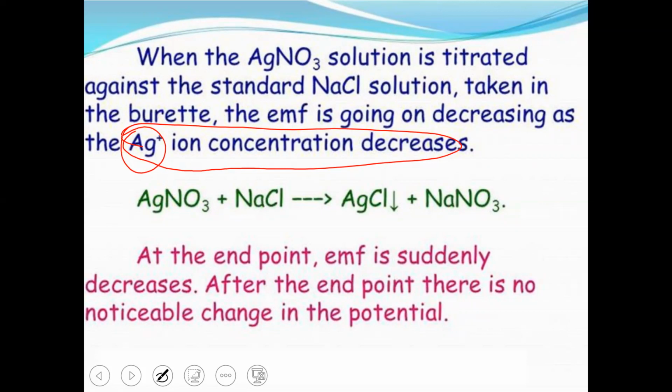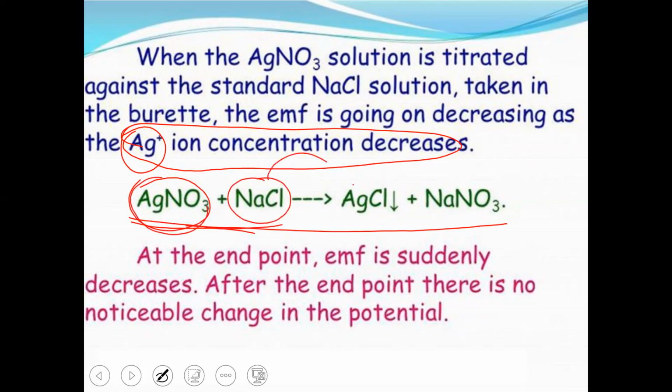So what type of reaction takes place? After adding the NaCl solution to the silver nitrate, silver nitrate reacts with the NaCl and gives silver chloride plus sodium nitrate. So all the silver ions are converted to silver chloride. Because of the decrease in silver ions, there is also a decrease in the EMF.